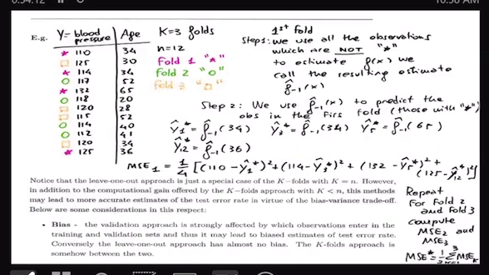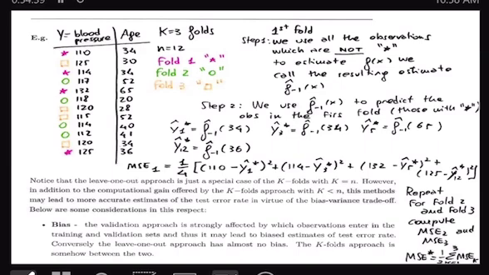Here I said the validation approach is strongly affected by which observations enter the training and validation set, and thus it may lead to a biased estimate of the test error rate. Conversely, the leave-one-out approach, which was the second one, has almost no bias.